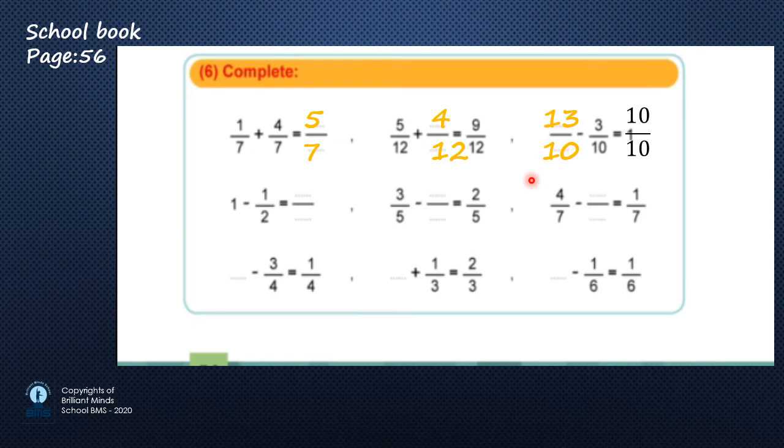Okay, my dears, let's go to the next one. 1 minus half equals space. We said we're gonna replace 1 with a fraction, and this fraction has the same number in both N and D. How are we gonna know this number? From the denominator in the fraction in the question. I have 2 down here, so I'm gonna replace 1 with 2 over 2.